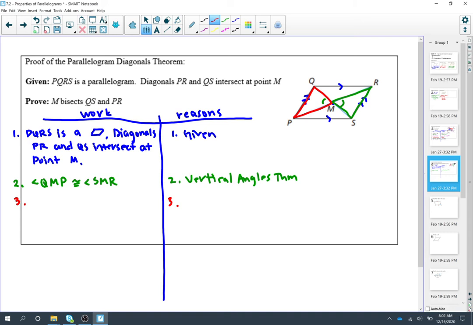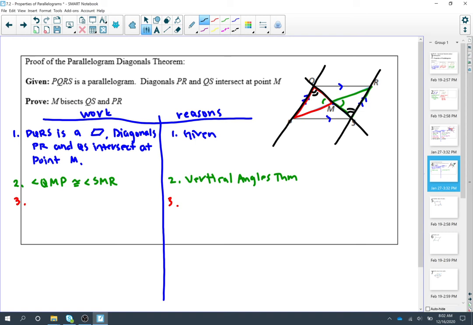That's one angle. I'm trying to get two angles. So the next angle I'm going to try to get is this one and this one. The reason I can do that is because I know this is a parallelogram. So if it's a parallelogram, I've got parallel lines cut by a transversal. So just like our previous proof, those are alternate interior angles.